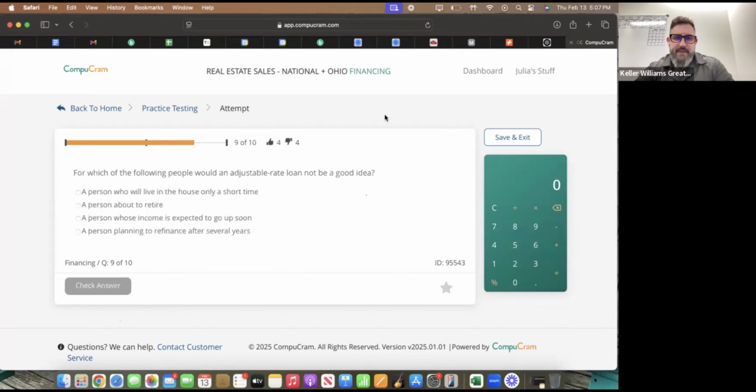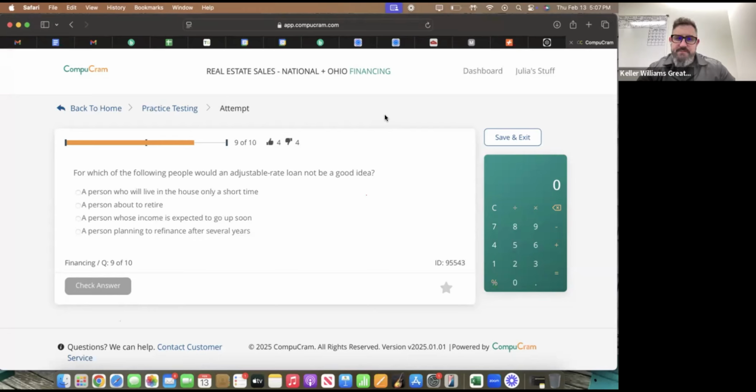Next question. For which of the following people would an adjustable rate loan not be a good idea? A, a person who will live in the house only a short time. B, a person about to retire. C, a person whose income is expected to go up soon.